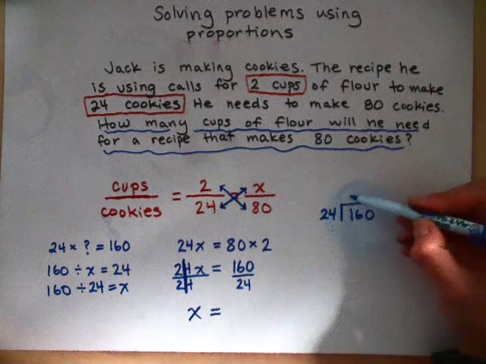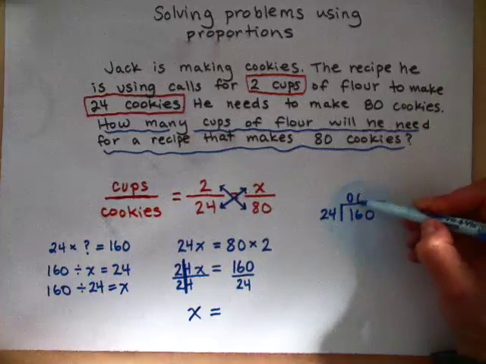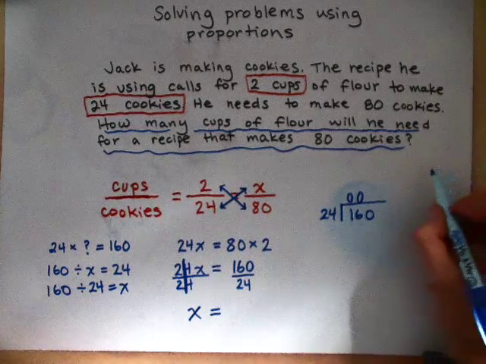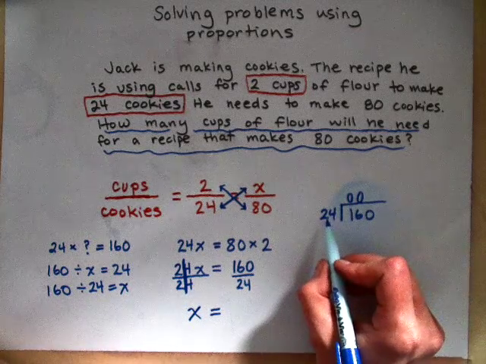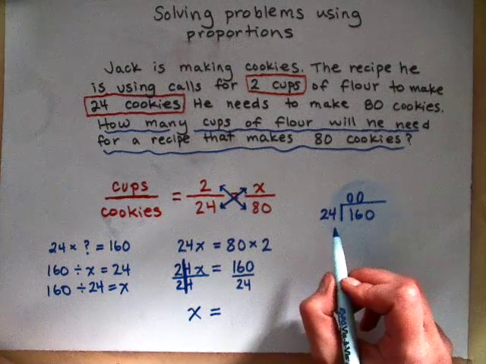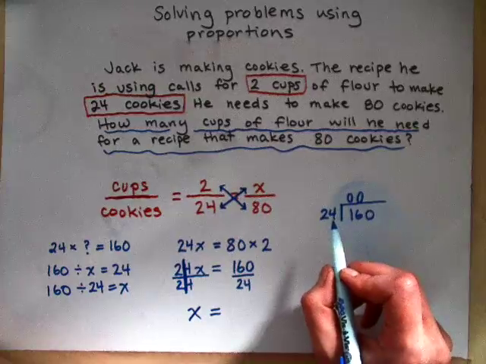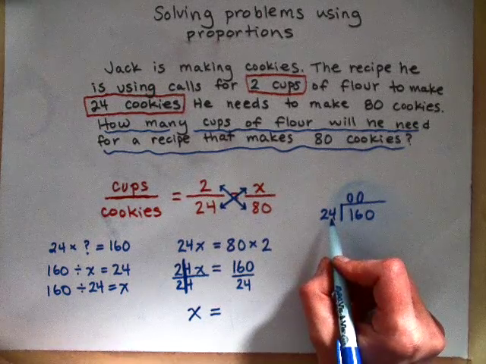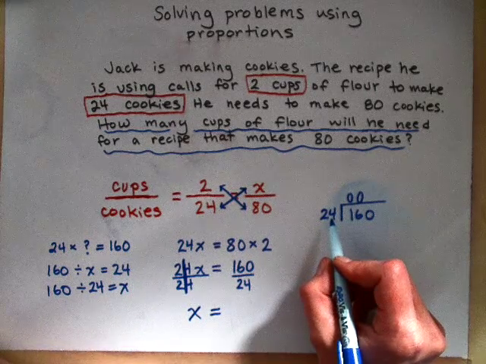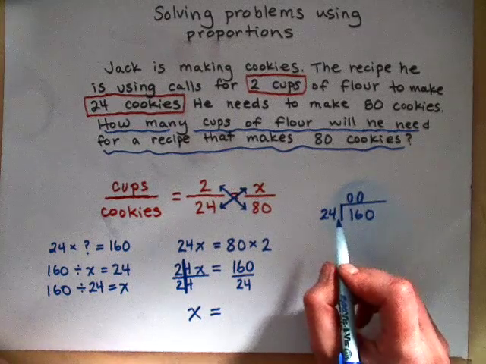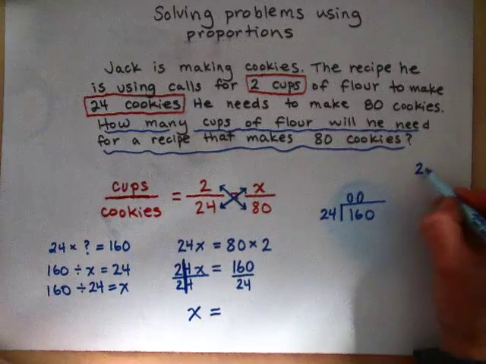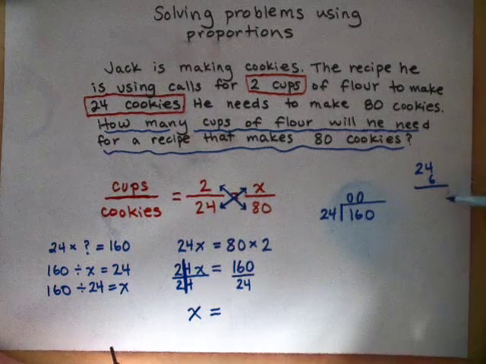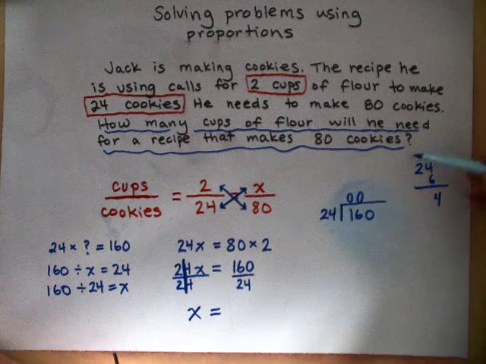Okay, well, 24 doesn't go into 1, and it doesn't go into 16. Let's see. Well, I know that 25 goes into 100 4 times, because 4 quarters equals $1. And so maybe this will go in 6 times, because 2 more quarters would be $1.50. So I'm going to try it times 6. 24 times 6. 6 times 4 is 24.